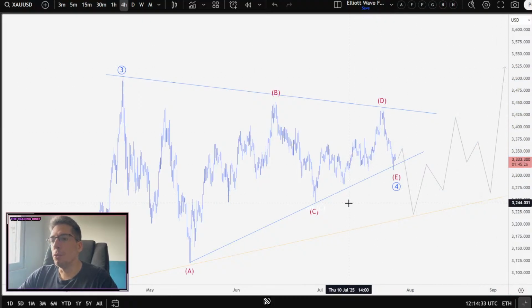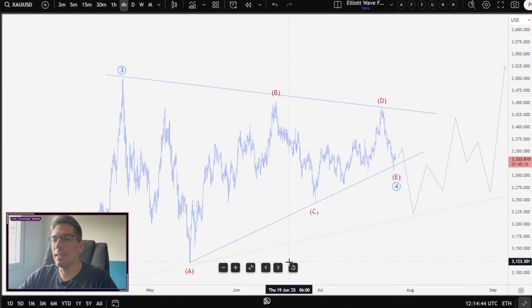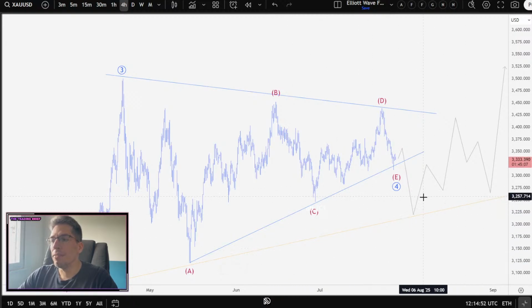For that to be true, we need to take the C. So short-term invalidation should be 324.7, and if that breaks, the next invalidation that you want to focus on is going to be the end of wave A, so 312.1. So definitely both counts are still in play, but I believe that it's better time right now to start focusing on the long, just because I don't want to miss it.